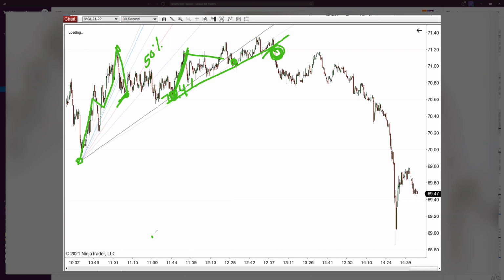So if this is our initial upside move, for example, and we have a 76.4% fib fan here, it would actually be a little bit further down here.